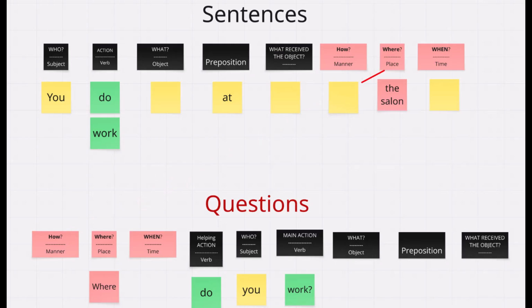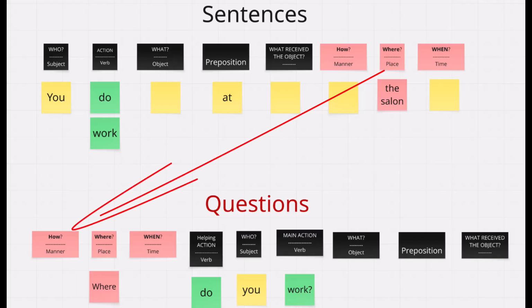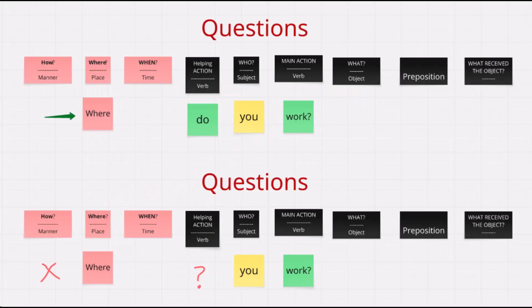Now, for the question formation, we used another visible pattern. She could see how the words indicating manner, place, and time, the question words, moved to the beginning of the text when we had to form a question. So, playing with the words where, do, you, work, Lola was able to see how we formed the correct question, where do you work?